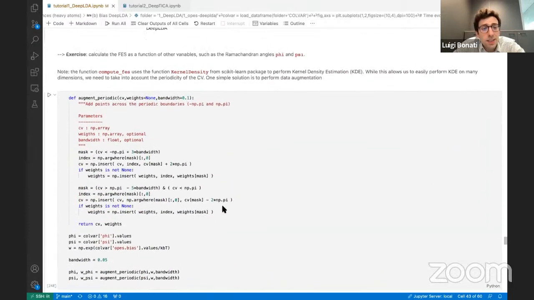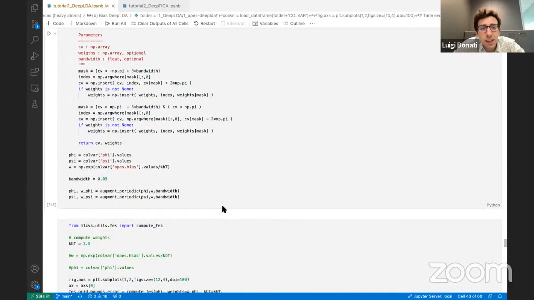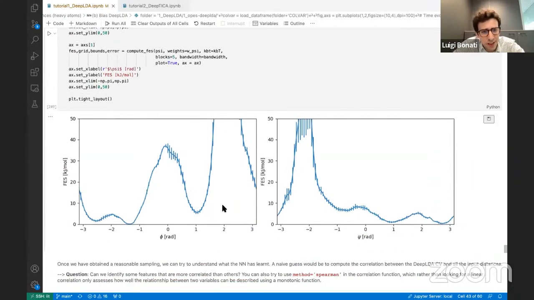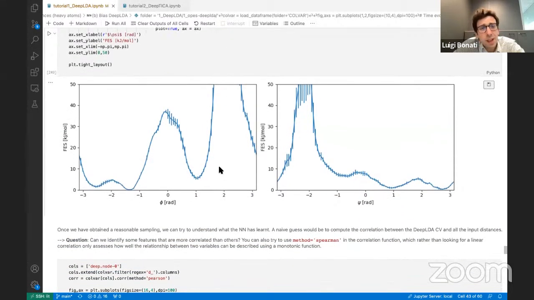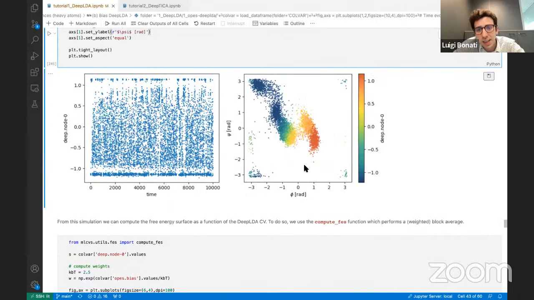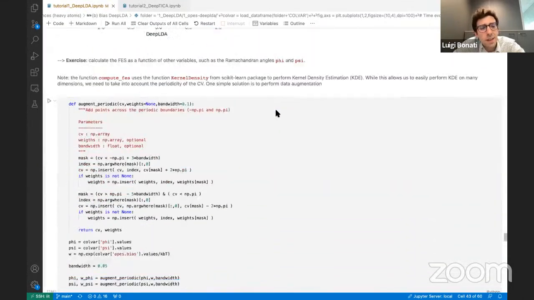What we can do is also to compute and recover the free energy as a function of other variables. Here we see along phi and psi, of course, this region of phi and psi in the Ramachandran plot, which is like this transition from here to there, and also from state A to B going in the other direction, which has a higher free energy, is not overcome, also due to the OPES barrier.